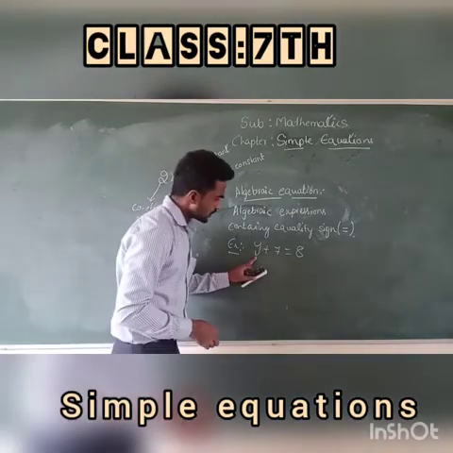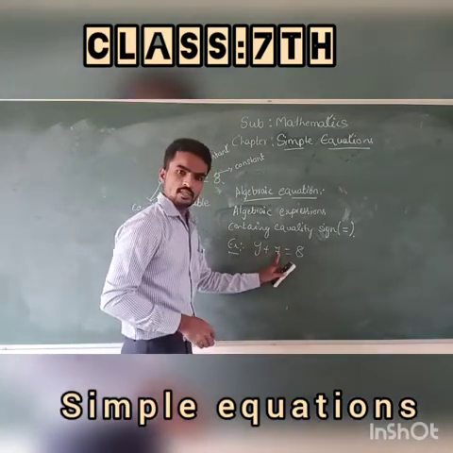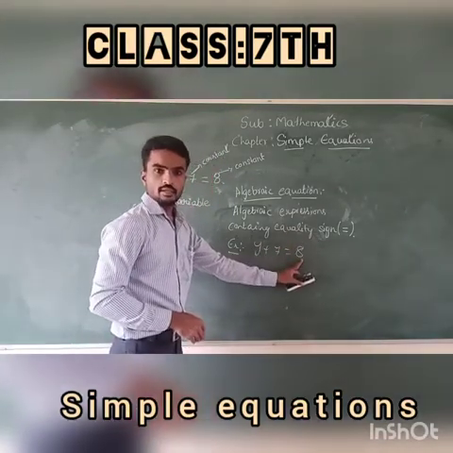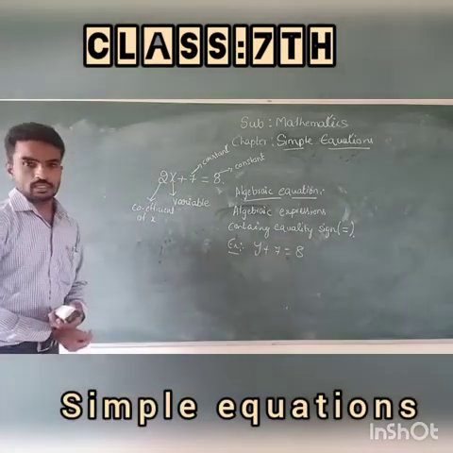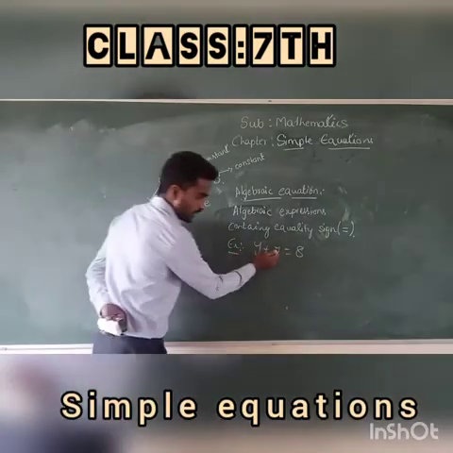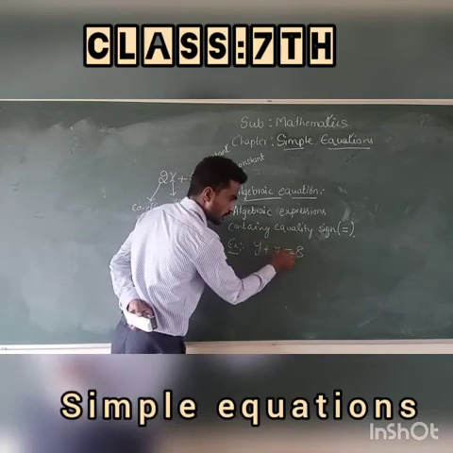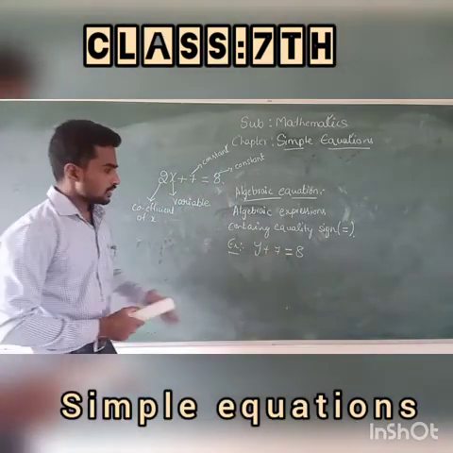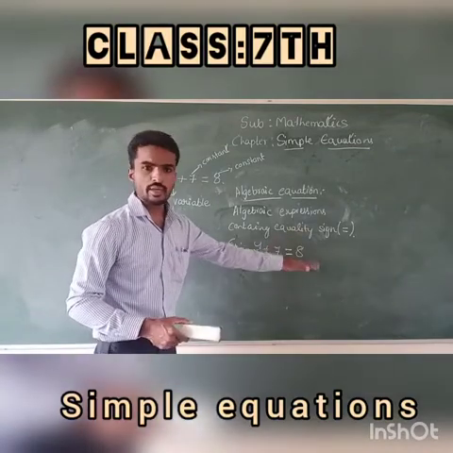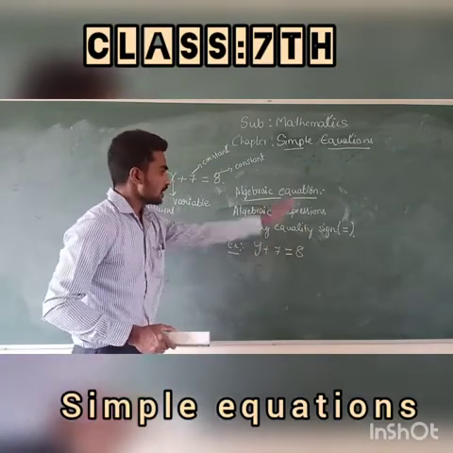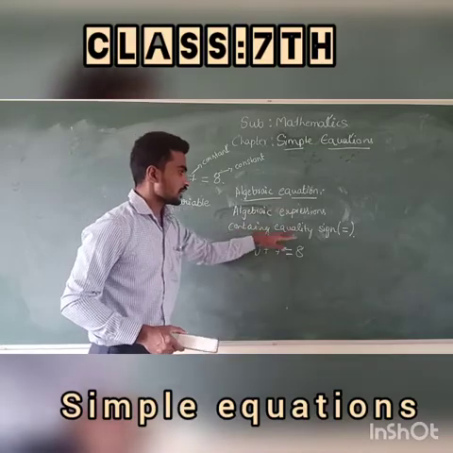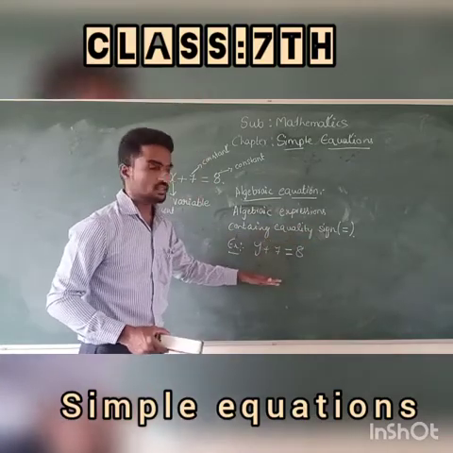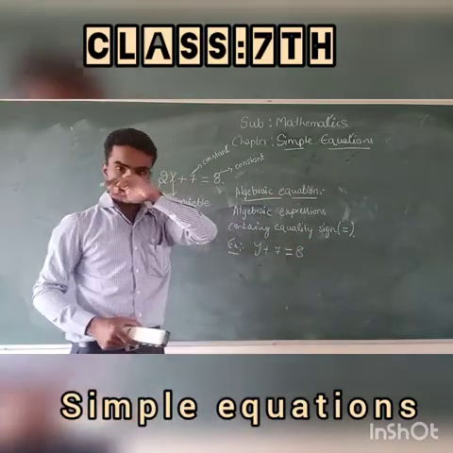Here y is a variable, 7 is a constant, and 8 is also a constant. When we use the equals symbol in an algebraic expression, it becomes an algebraic equation. Very simple. Algebraic expressions containing an equality sign are called algebraic equations.